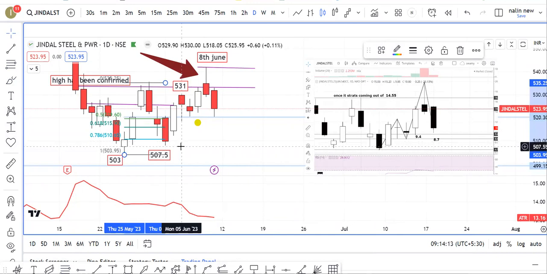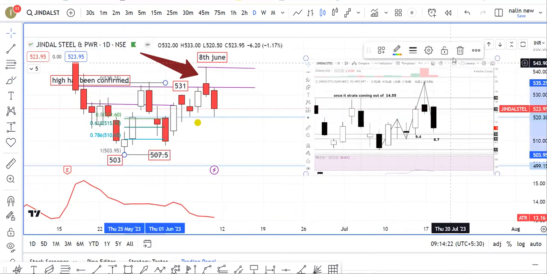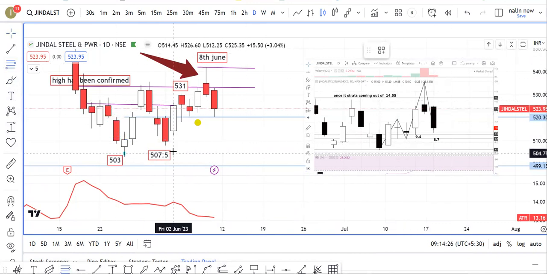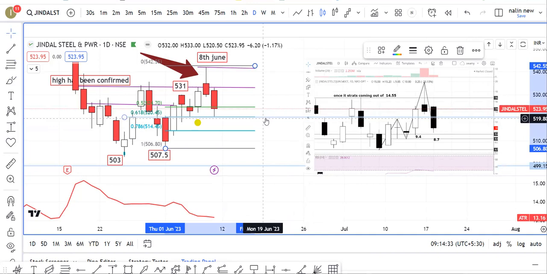0.7 to 0.8, because it was the range actually. So the retracement is deep. Now in this retracement, after coming out of the range, it has come down to 0.618.